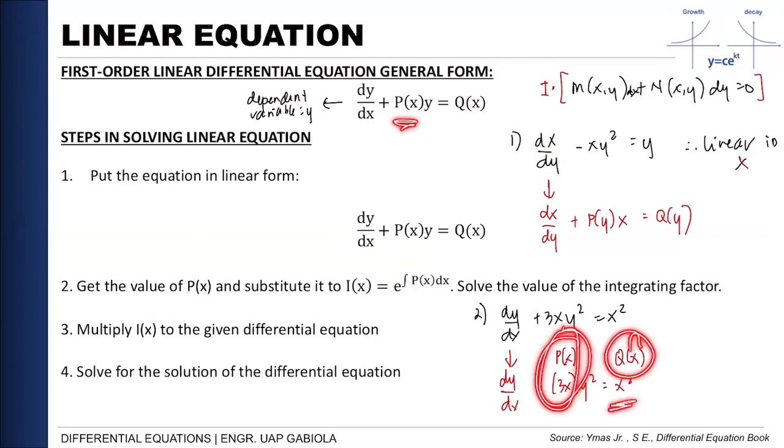With dy/dx, it means it is linear in y, or our dependent variable is y. But our dependent variable is not linear because it is raised to 2. Therefore, this equation is non-linear. So we cannot use the steps indicated here for linear equations to solve for the solution of the differential equation.